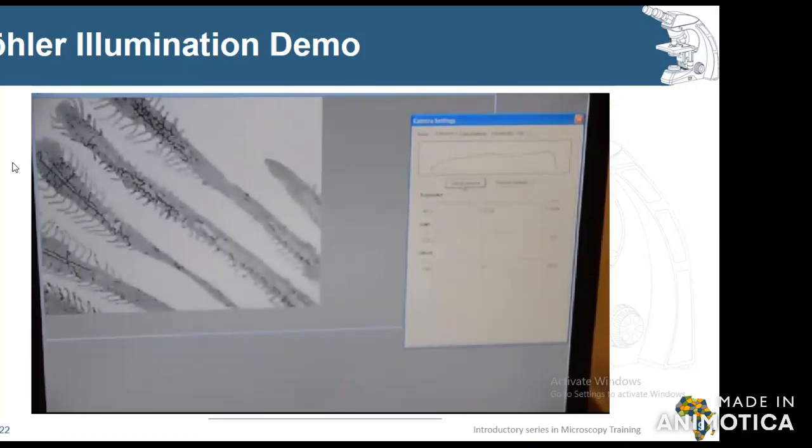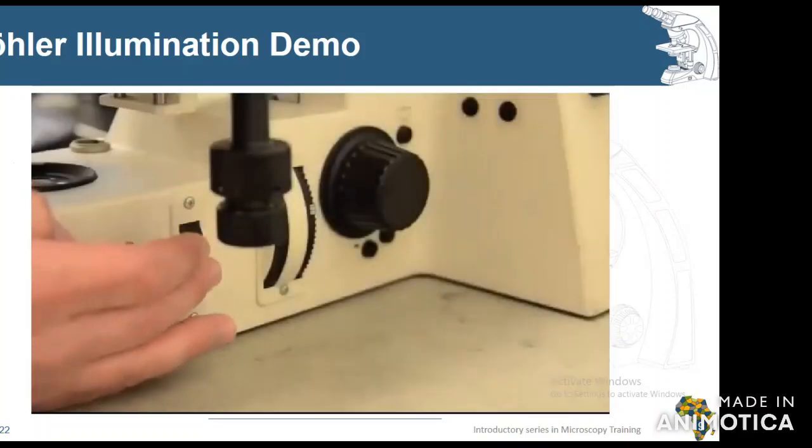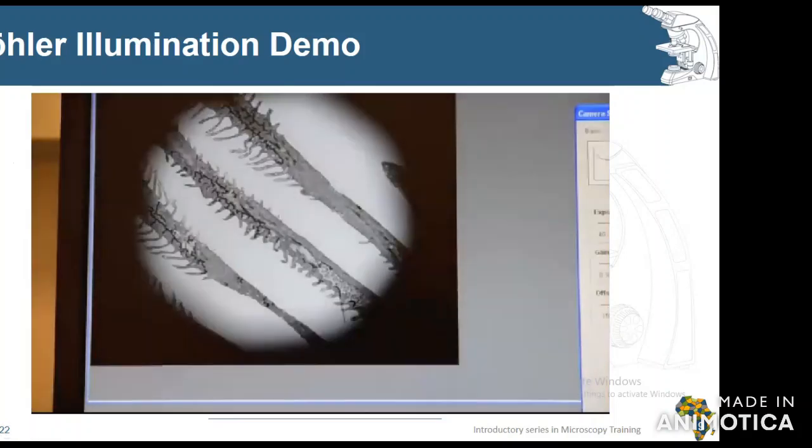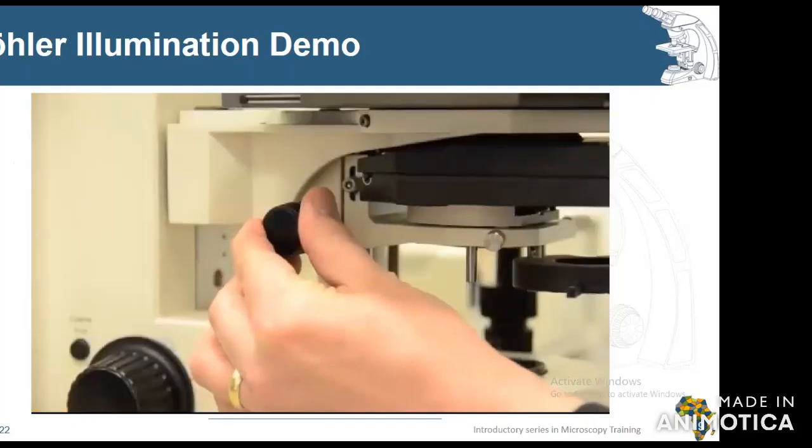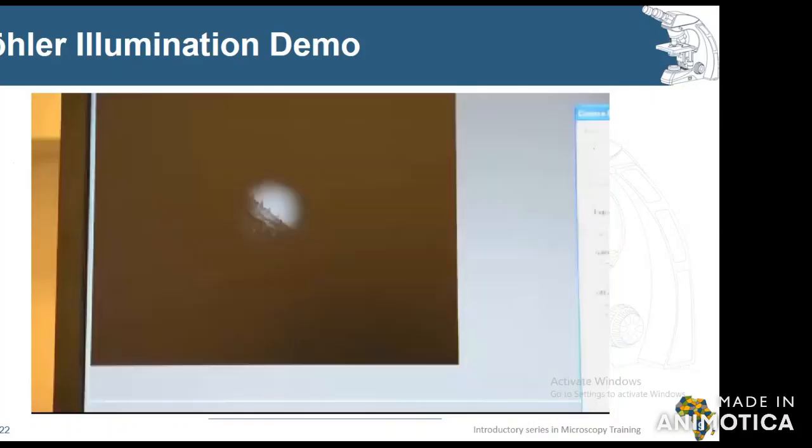Then after that, you adjust the diaphragm. You adjust the diaphragm to the extent that you almost have a black background, but you have a small view of the diaphragm. Then you adjust to sharpen the edge of the diaphragm. That's the next step.